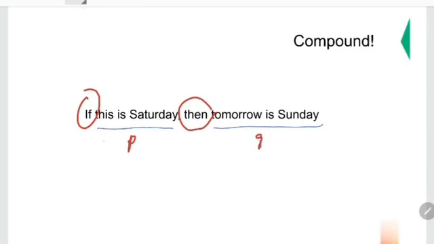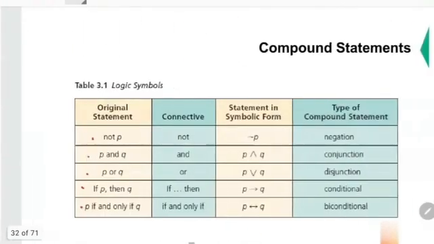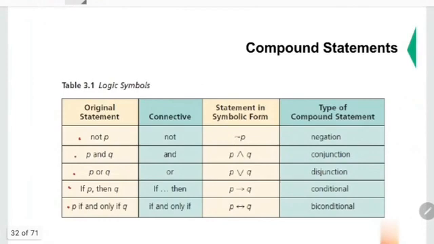Yung nakita nyo kanina, if P, then Q. Okay? So these are the connectives that were used. Not, and, or, if and then, if and only if. So how do you turn it into symbolic form? If you have a negation statement, yung tawag kapag may not, ito yung gagamitin mo na simple.